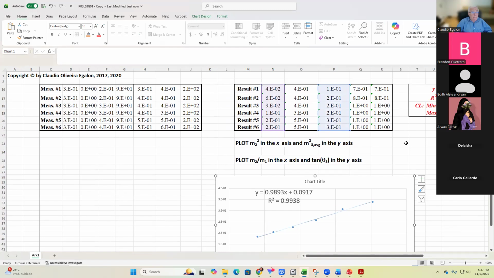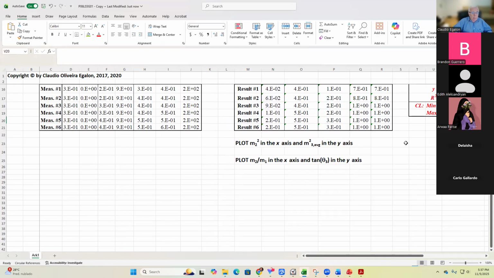Am I able to share my screen? Oh yeah. Let me go to the controls here. And I have to stop sharing as well, right? Go ahead, share your screen.